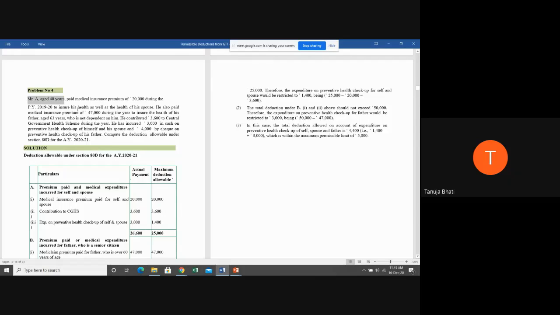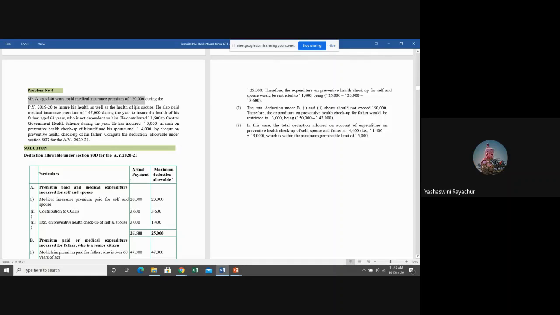Now students, you all have to answer this. If Mr. A is aged less than 60 years and is paying medical insurance premium for himself and spouse, what is the limit? Is it 50,000 or is it 25,000? Students, are you all there?